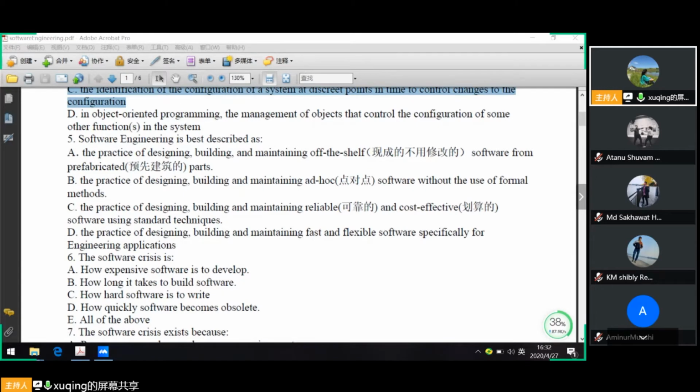Fossil has answered for the 6th one, E, and 7, 8, 9, 10: 7, D, 8, 8, 9, 10.